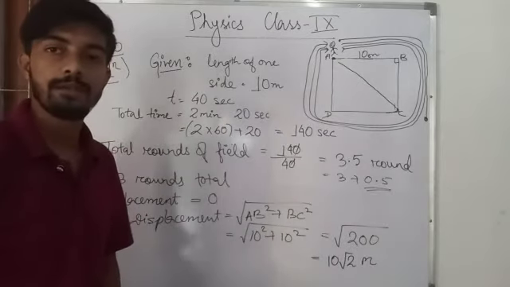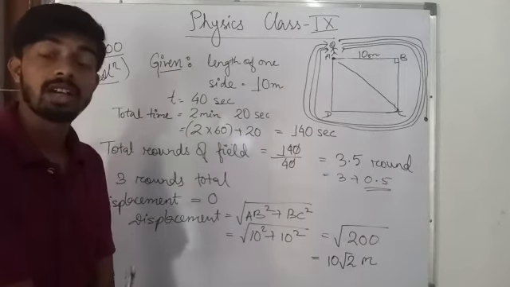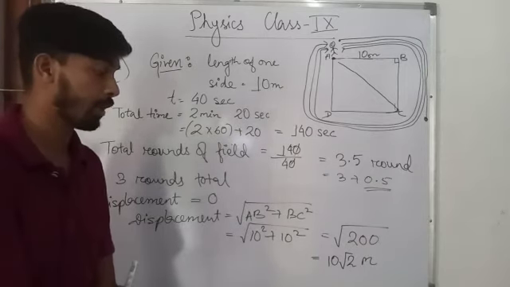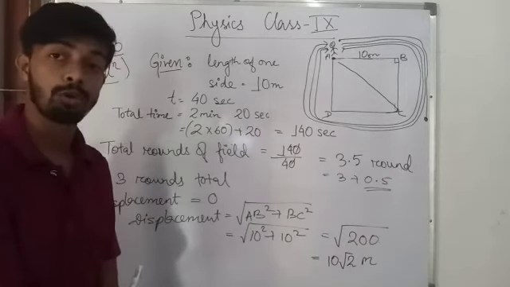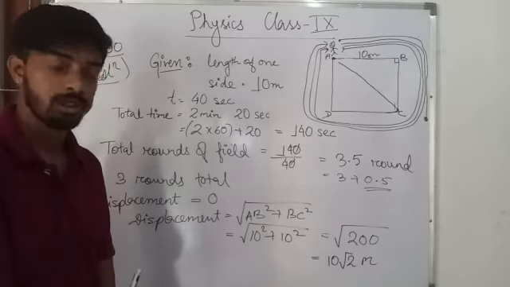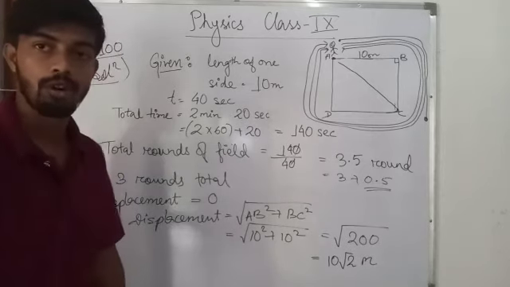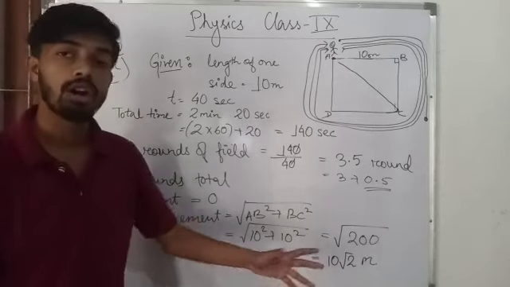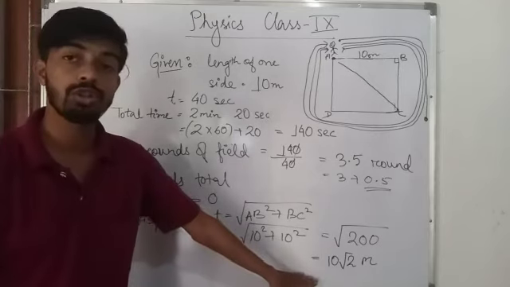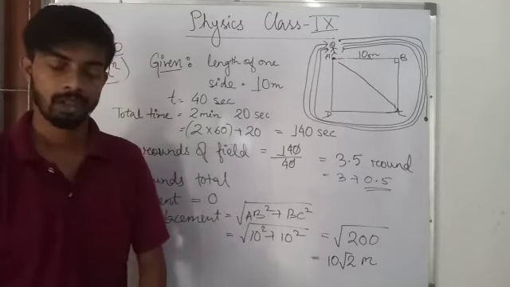So that is the final displacement, or you can say the total displacement of the farmer, that is 10 root 2 meter. If you know how to convert root 2 into decimal value, you can do it. Or if you don't know, you can also leave the answer like this, 10 root 2 meter.